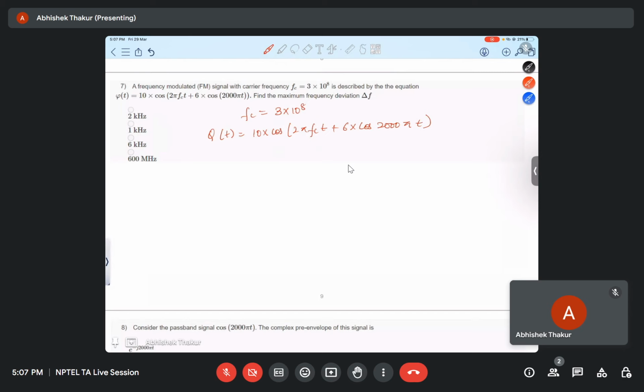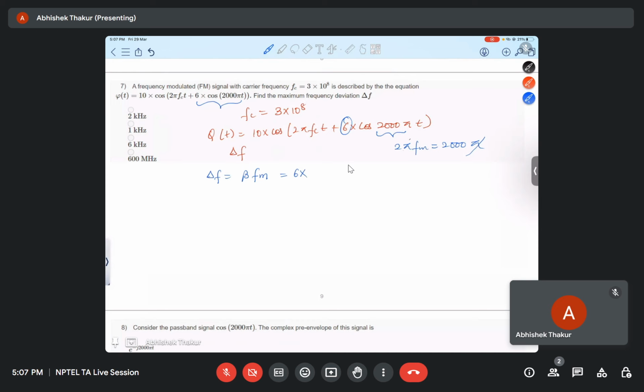Now we have to find the maximum frequency deviation, that is delta f. We know the formula of delta f is beta into fm. In this question, beta is the constant term multiplied with this part of the signal, so beta is 6, and the value of fm you can find from this message signal: 2 pi fm is equal to 2000 pi.